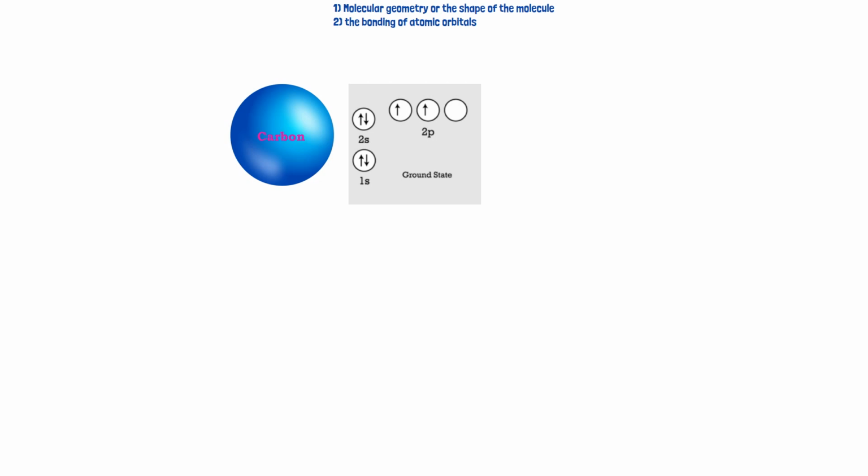According to valence bond theory, carbon should form two covalent bonds resulting in CH2 because it has two unpaired electrons in its electronic configuration. However, experiments have shown that CH2 is highly reactive and cannot exist outside of a reaction. Therefore, this does not explain how CH4 can exist.